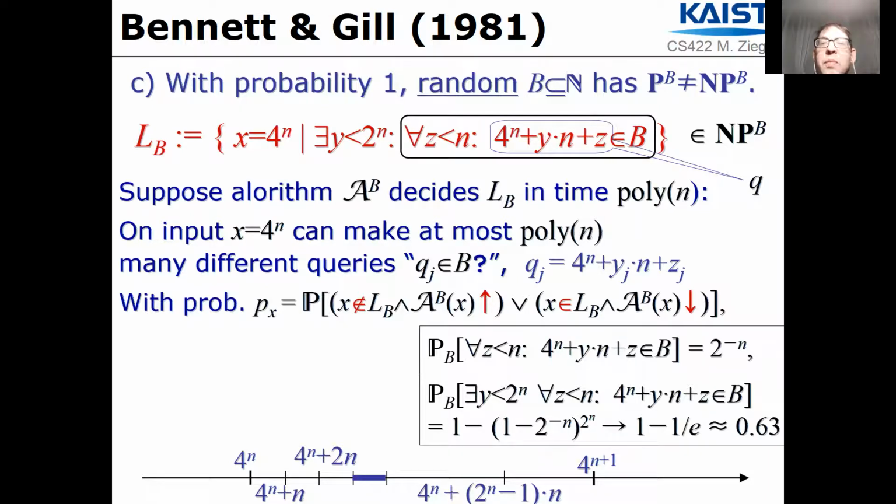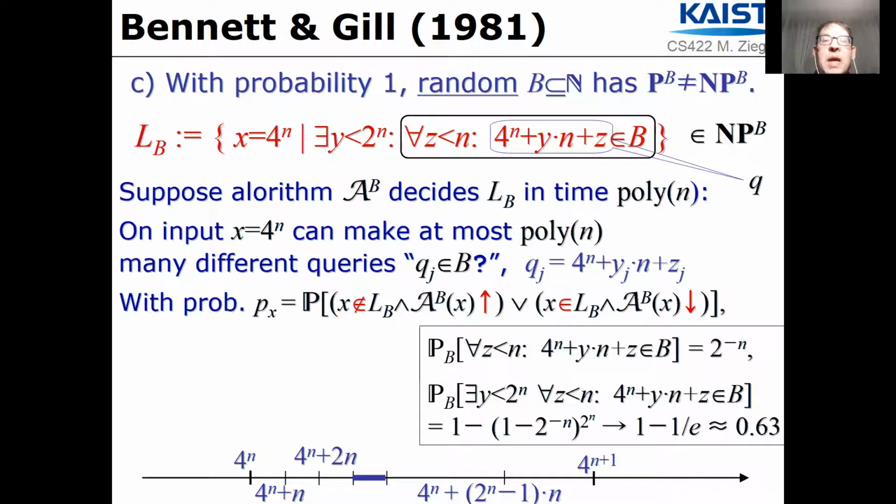So the algorithm makes a mistake: the algorithm with oracle B accepts x, although x does not belong to the decision problem. That's one way for an algorithm to make an error. The second way is the case where the algorithm rejects, indicated by the downward arrow, although the input x belongs to the decision problem. So these are the two cases where the algorithm A with oracle B makes an error.